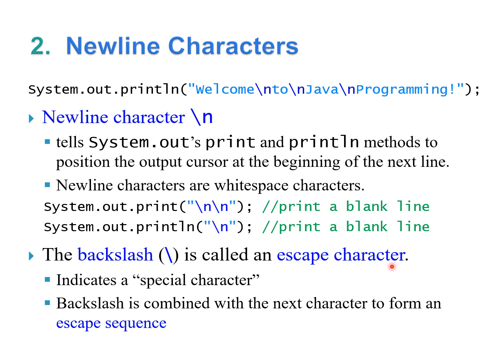It indicates a special character. The backslash is combined with the next character to form an escape sequence. More specifically, an escape sequence is a sequence of a backslash followed by another character that has a specific meaning.